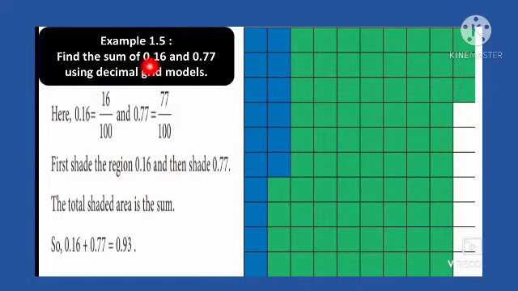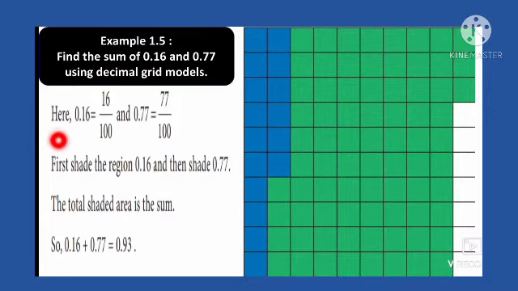Example 1.5. Find the sum of 0.16 and 0.77 using decimal grid models. So here we are going to add these 2 decimal numbers by using decimal grid models. We know that this complete square is divided into 100 equal squares and each square represents 1/100 or 0.01.